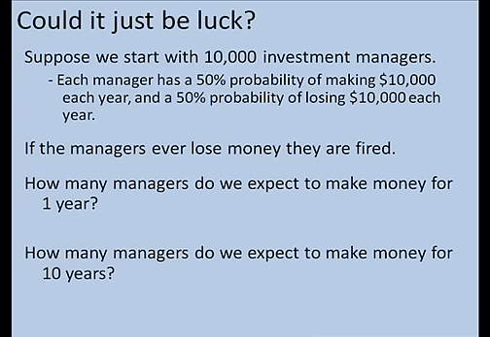So how many managers would we expect to see making money for 1 year? Well, the answer would be we have 10,000 managers and there is a 50% chance that they make $10,000. So we would expect 5,000 managers to make money for 1 year.